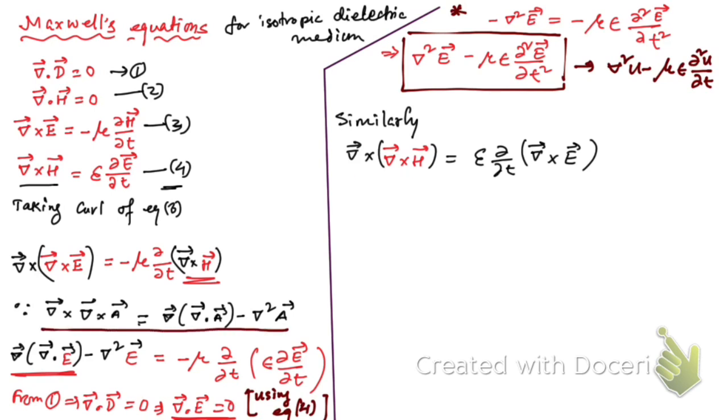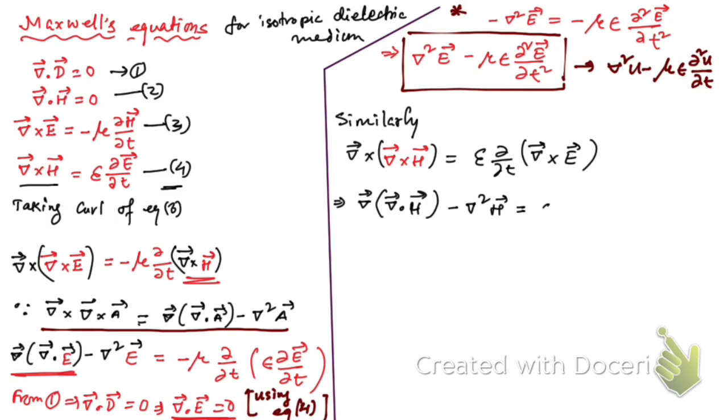So if we use equation number 3, and again use this identity here as well, then it is going to be equal to the gradient of divergence of vector H minus Laplace operator H. That should be H, that's supposed to be H. So H vector, then, sorry, not minus here, we don't need minus here.